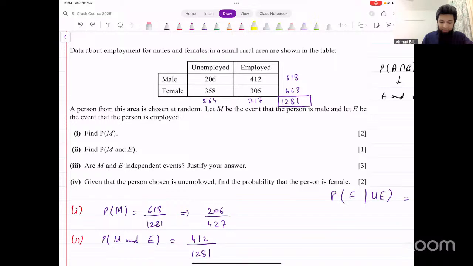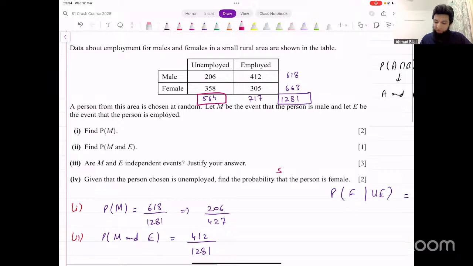What are they saying? Given that the person chosen is unemployed, it has to be one of these 564 people. So that's the total possible outcomes, and that should be the denominator in this probability.